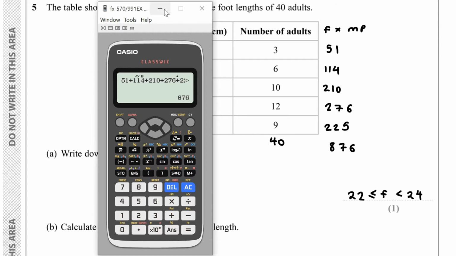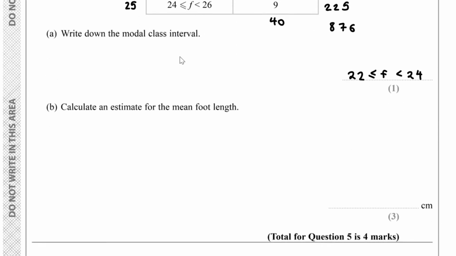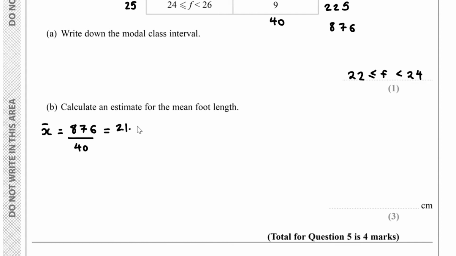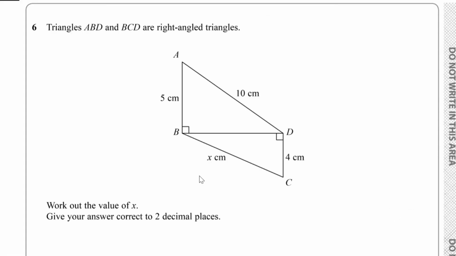So now we can find the mean. The mean is equal to 876 over 40. If we divide this by 40, we get 21.9. So an estimate for the mean foot length is 21.9 centimeters.